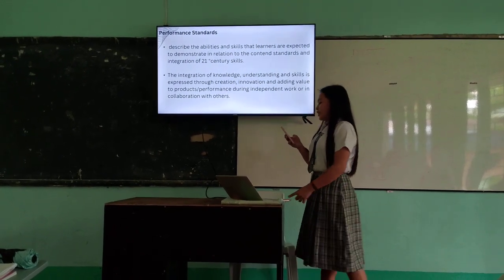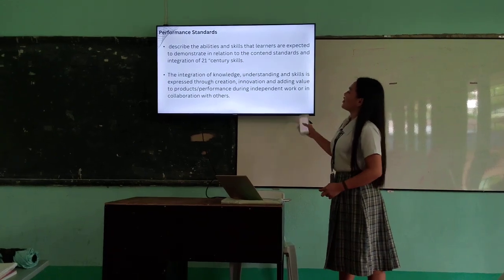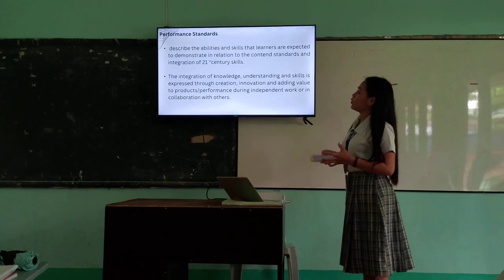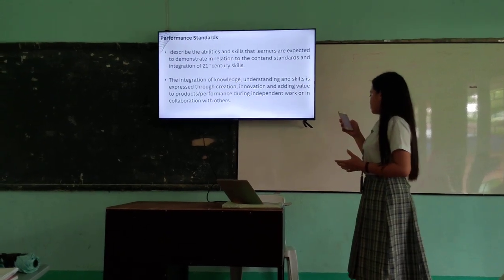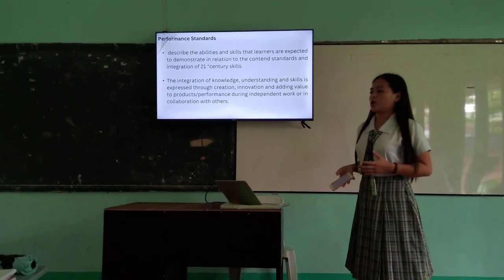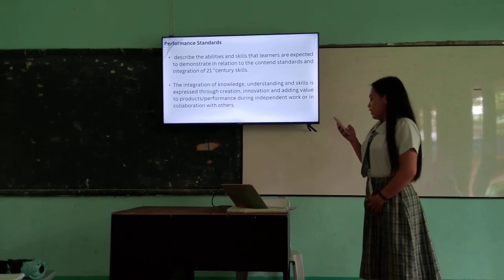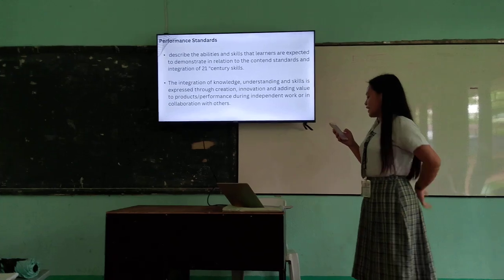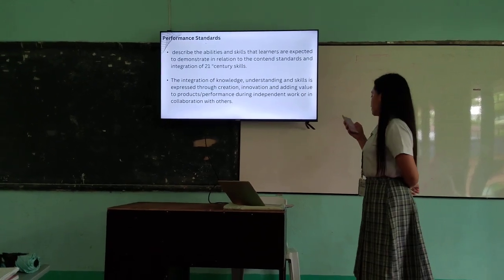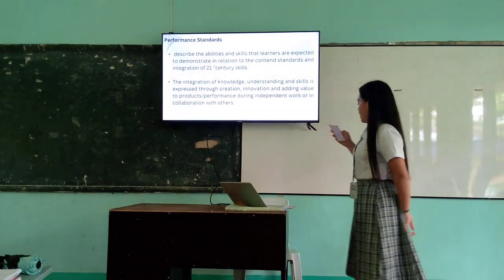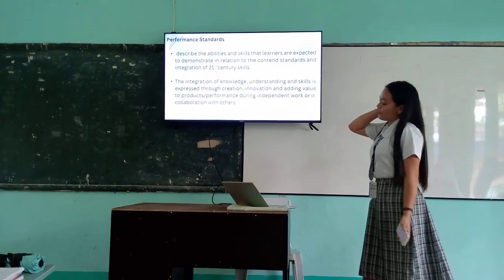So, performance standards is tinutukoy dito yung mga ability or skills ng mga bata, that learners are expected to be equipped in order for them to be productive and innovative in the integration of 21st century.